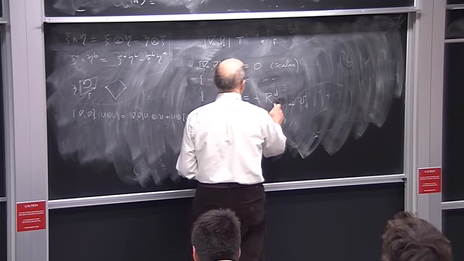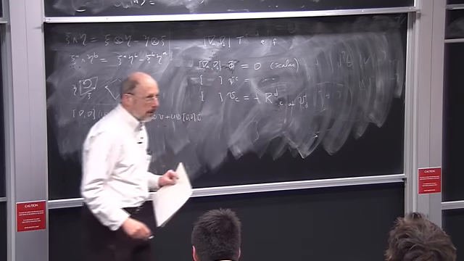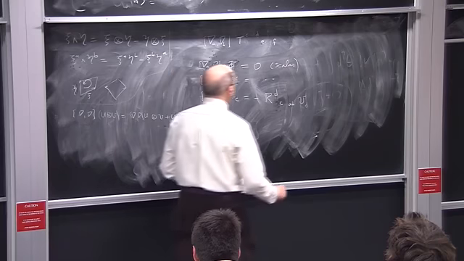And so the one empty slot has to be where our free index goes. So it'll be minus R^D_{CAB} acting on V.